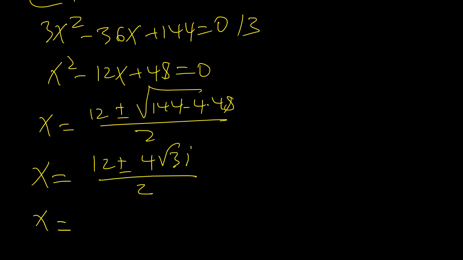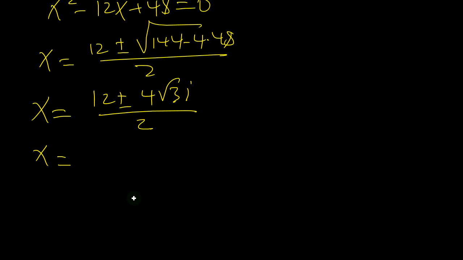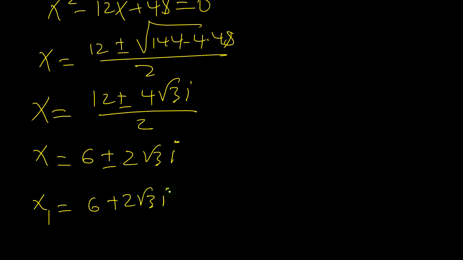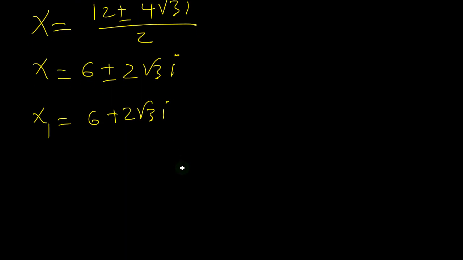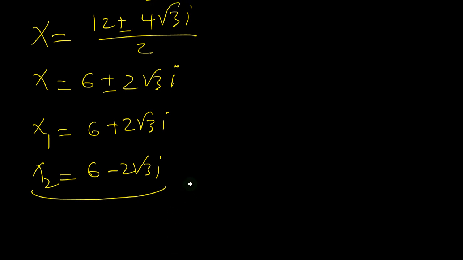We're going to simplify by 2 here, so x equals 6 plus or minus 2 square root of 3i. So x1 is equal to 6 plus 2 square root of 3i, and x2 is equal to 6 minus 2 square root of 3i. Okay, guys, so we found our first two solutions.